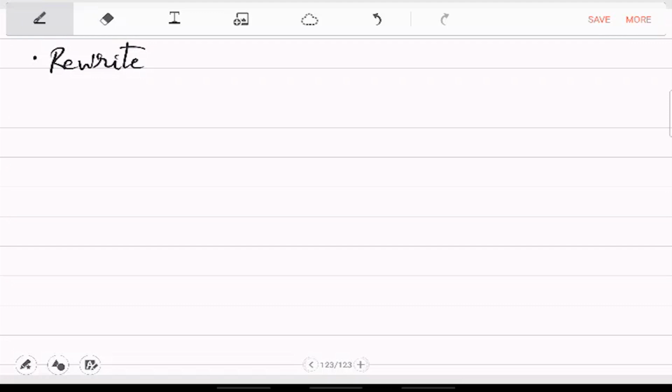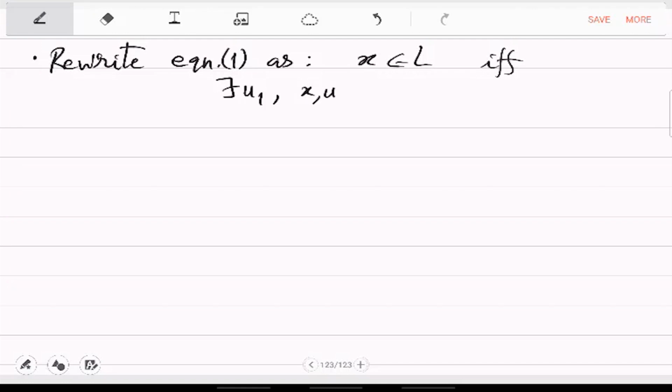So rewrite equation 1 as x is in L if and only if there exists a u1, (x, u1) is in L prime, the way we defined above, which is in P raised to SAT.